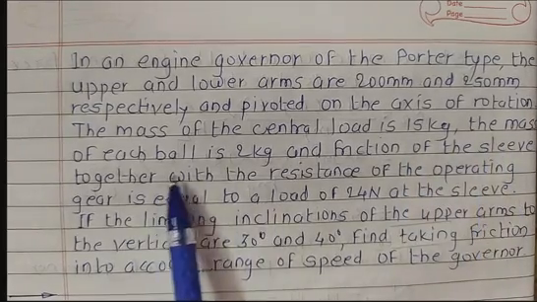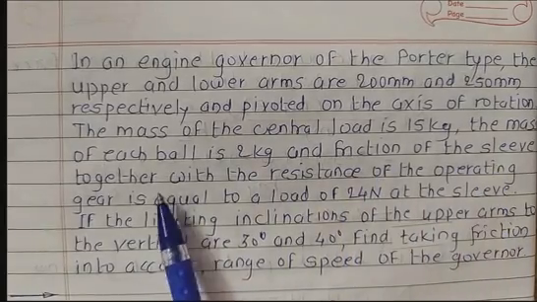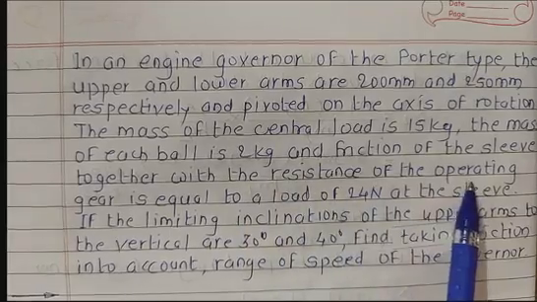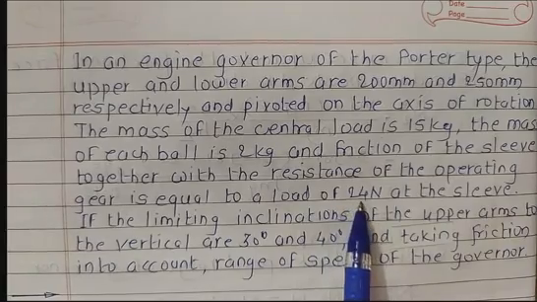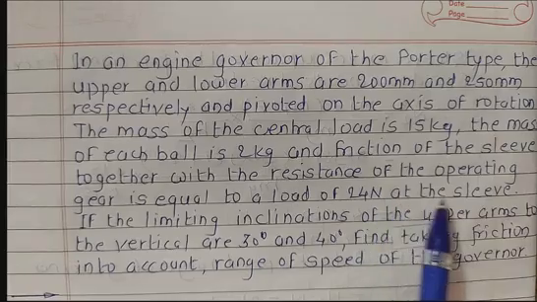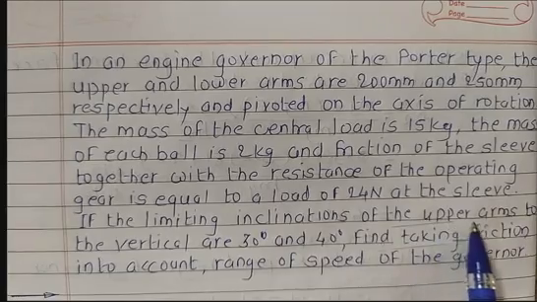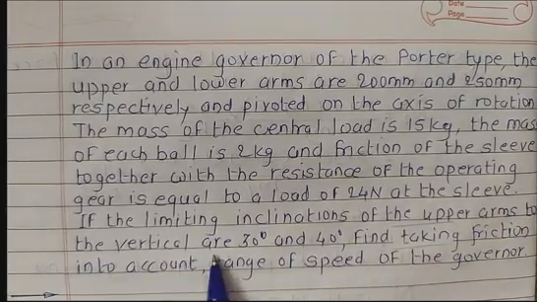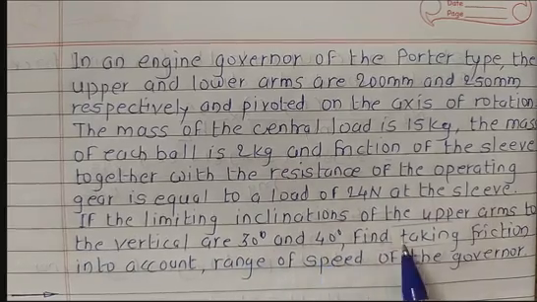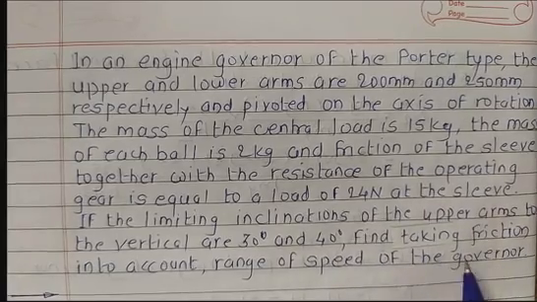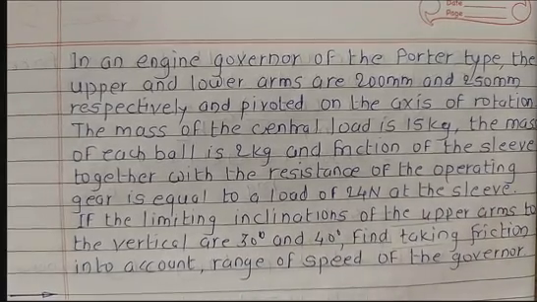The mass of each ball is 2 kg and the friction of the sleeve together with the resistance of the operating gear is equal to a load of 24 Newton at the sleeve. If the limiting inclinations of the upper arms to the vertical are 30° and 40°, find, taking friction into account, the range of speed of the governor.